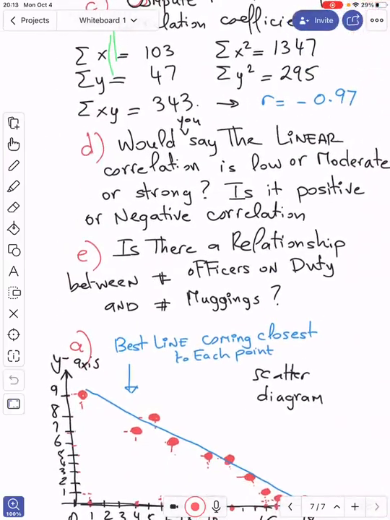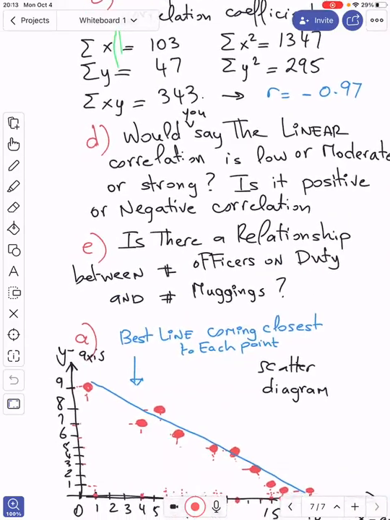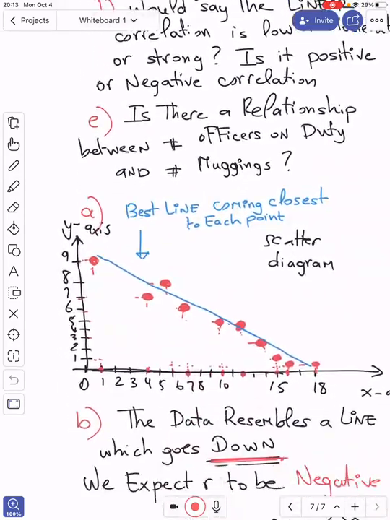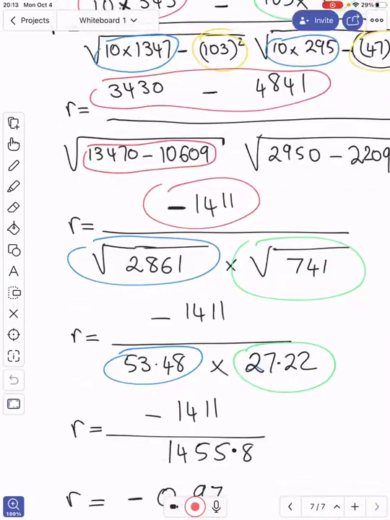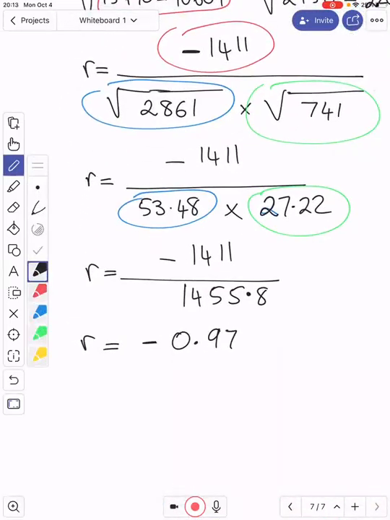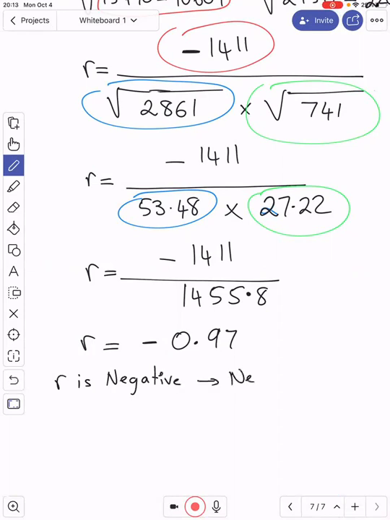Now, next question is, would you say the linear correlation is low, moderate, or strong? And is it positive or negative correlation, right? So because R is negative, as we said, we have a negative correlation.